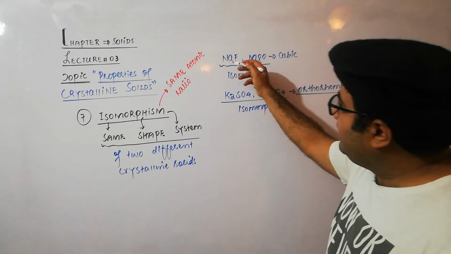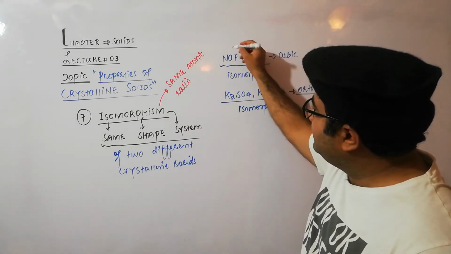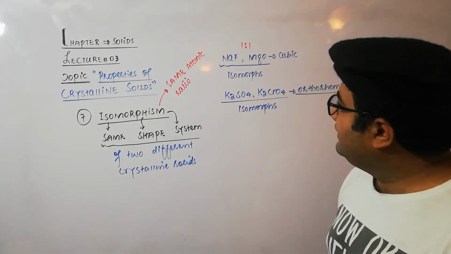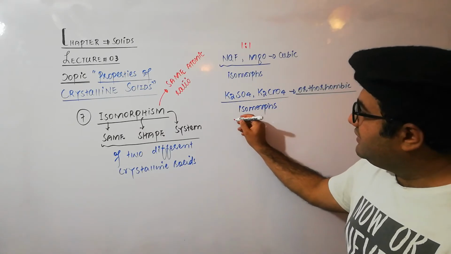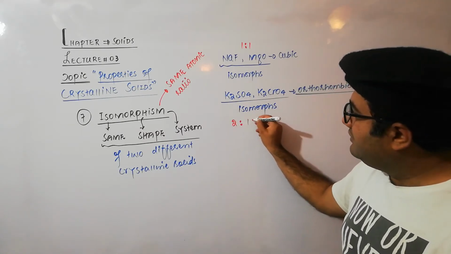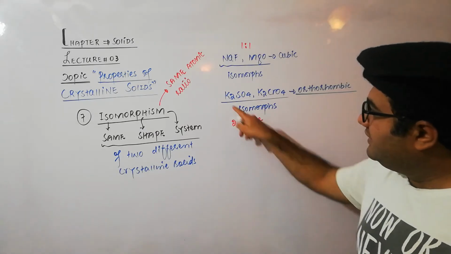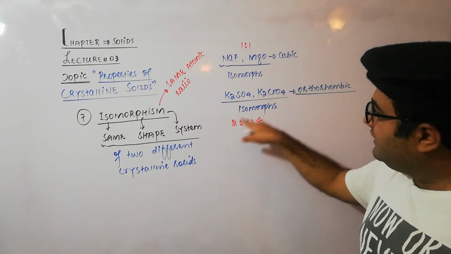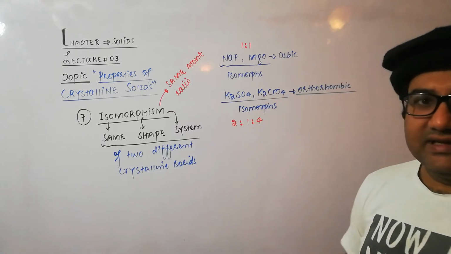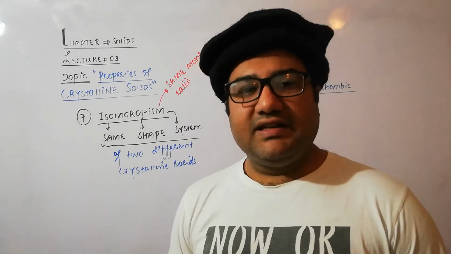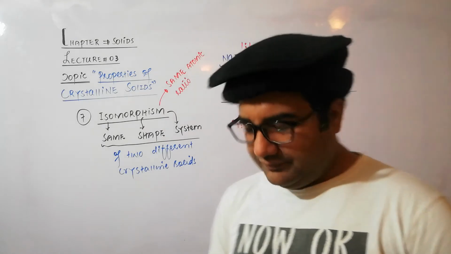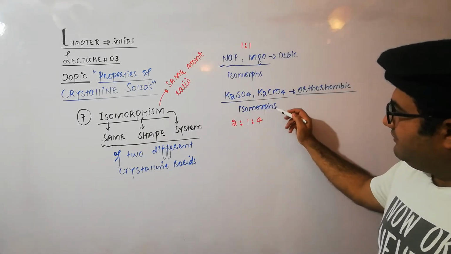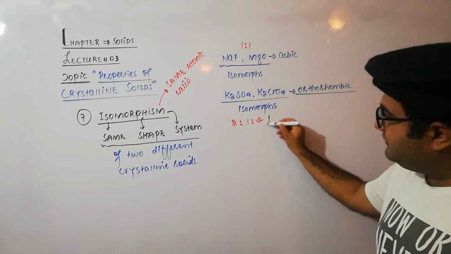For example, in the case of sodium fluoride and magnesium oxide, the atomic ratio is 1:1, and in the case of these two isomorphs, the atomic ratio is 2:1:4, meaning 2 atoms of potassium, 1 atom of sulfur, and 4 atoms of oxygen, and the same is the ratio in this. So isomorphism arises because of the same atomic ratio.